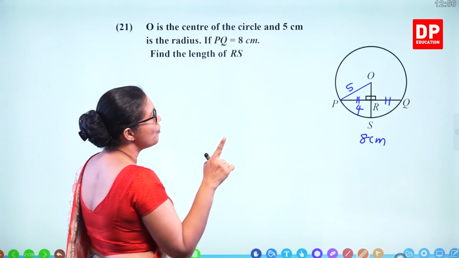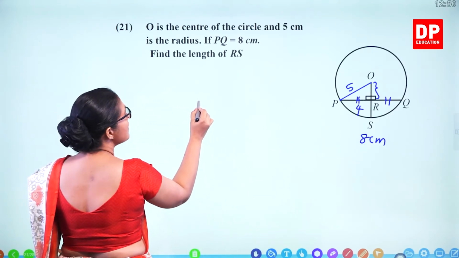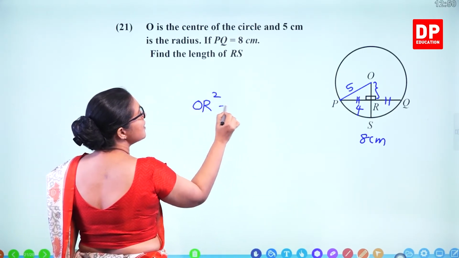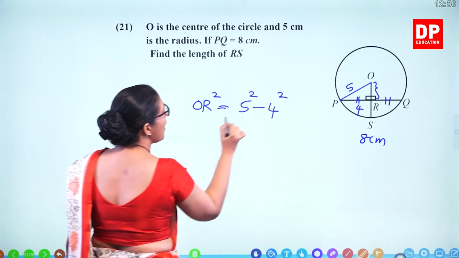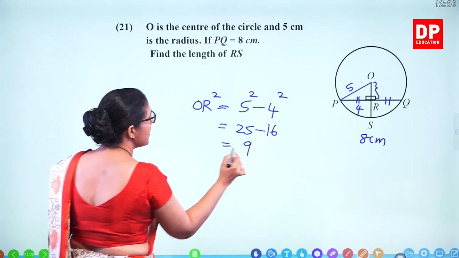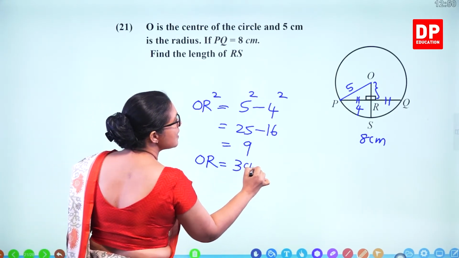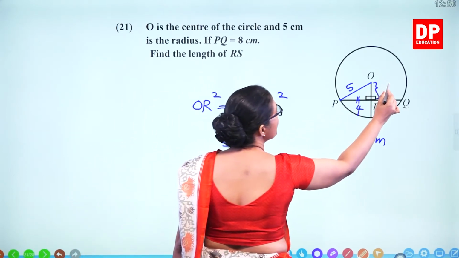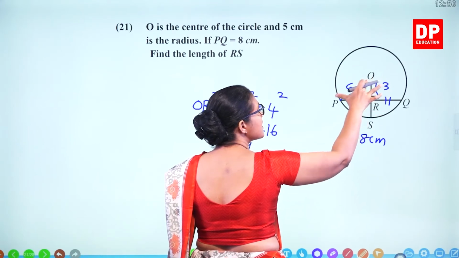Now you know this is 4. You can find out this length. So what is the OR length? Use Pythagoras theorem. 5 squared minus 4 squared. 25 minus 16, you get 9. Square root of 9, that's 3 centimeters. So this is 3. But we know OS is the radius, that's 5.